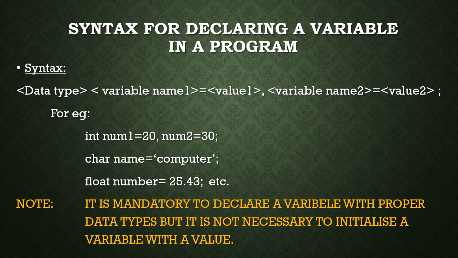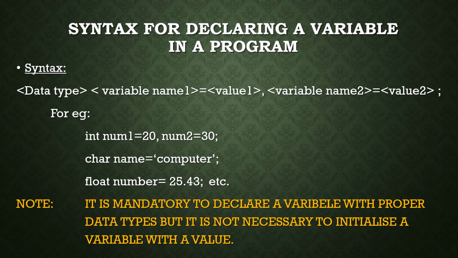Now see, for a character variable, I have used char name, assignment operator, then the initial value is computer. Third example, float number is my variable name, assignment operator, then the value. Like this you can declare and initialize a variable.